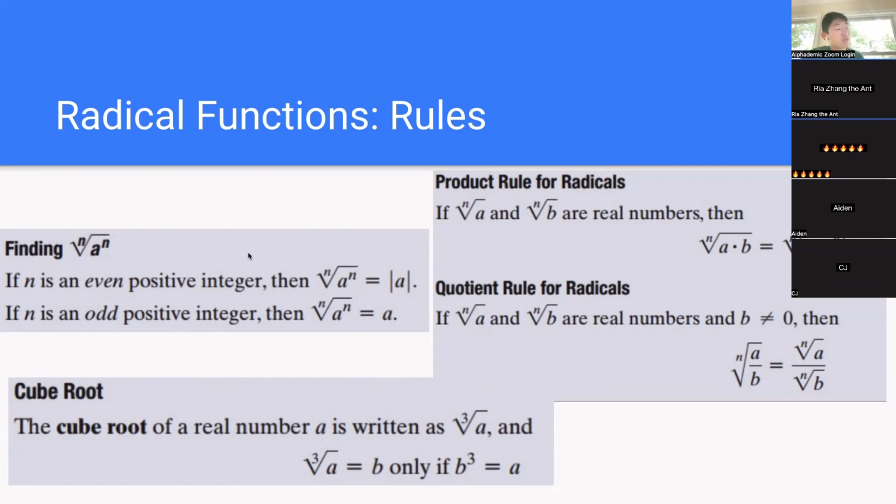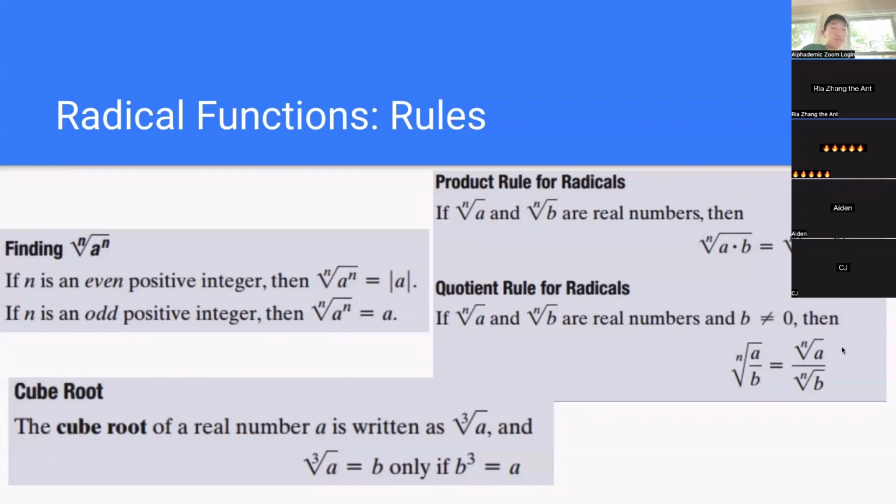The product rule of radicals. If the nth root of a and the nth root of b are real numbers, then the nth root of a times b is equal to the nth root of a times the nth root of b. The quotient rule, very similar as well. The nth root of a divided by b is equal to the nth root of a divided by the nth root of b.